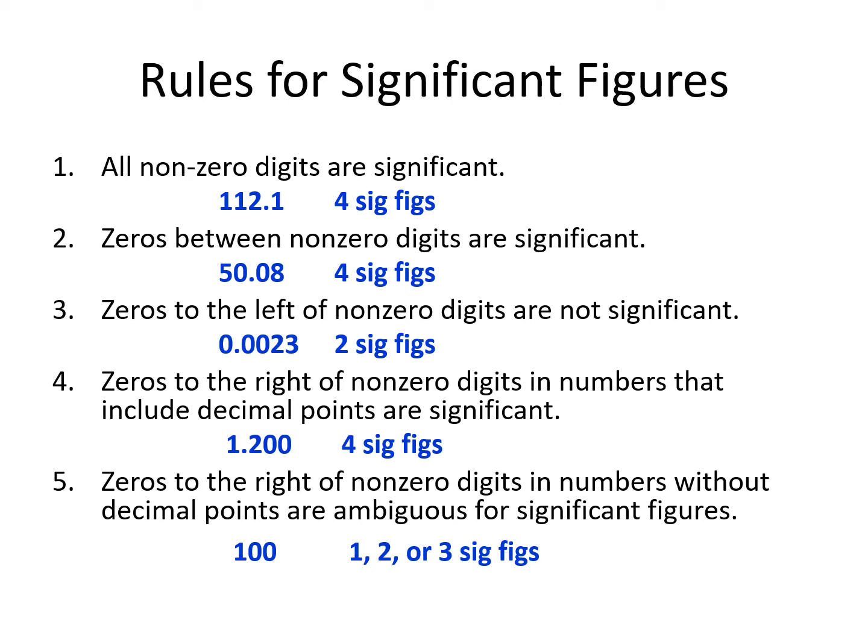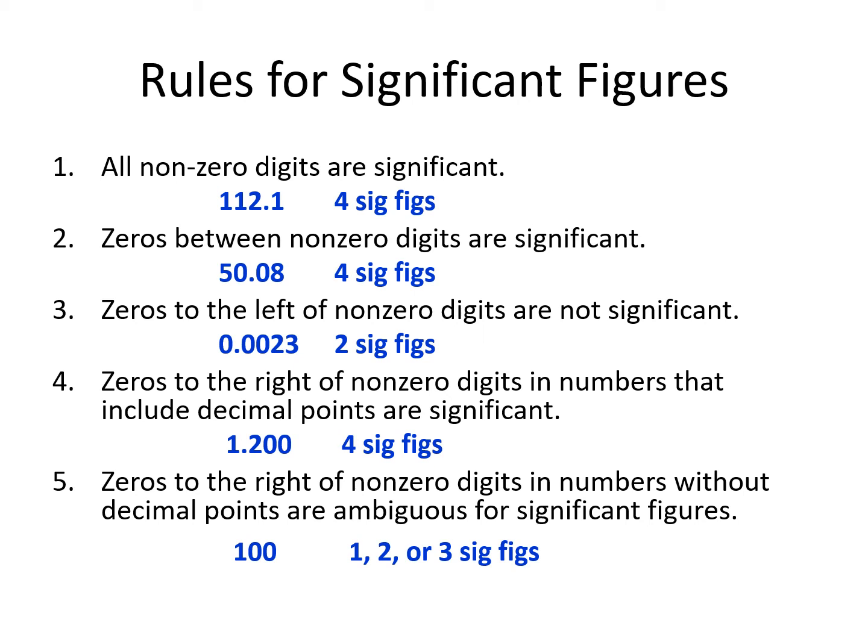1 times 10 to the 2 would be 1 significant figure. 1.0 times 10 to the 2 would be 2 significant figures. 1.00 times 10 to the 2 would be 3 significant figures, and so on. If you take any engineering classes, you may be told that when there is no decimal point, the zeros on the right are considered not significant.